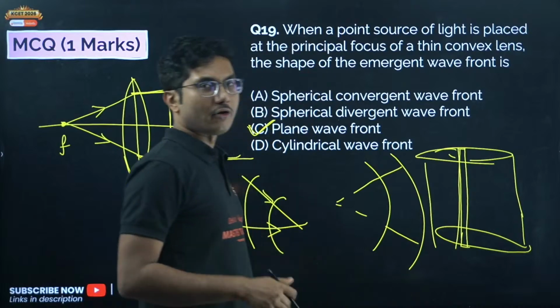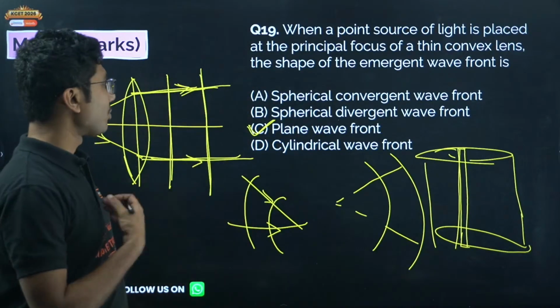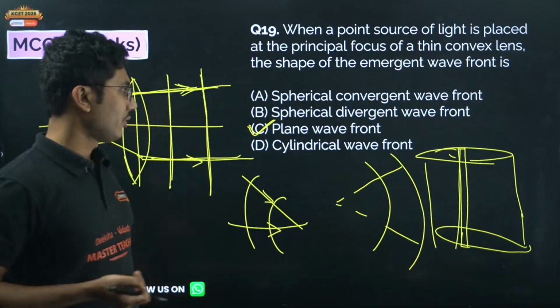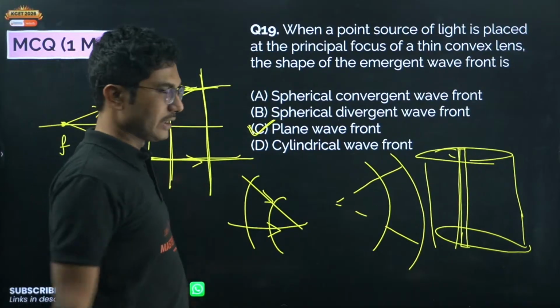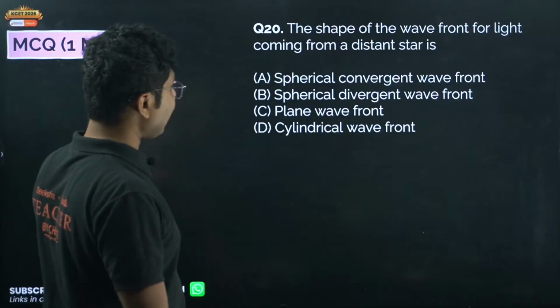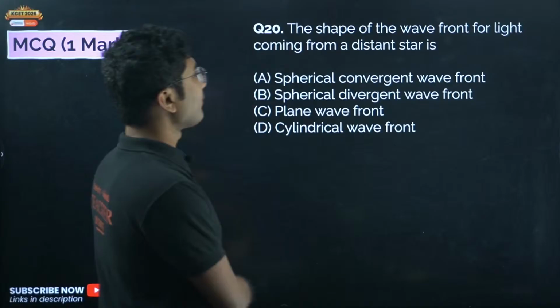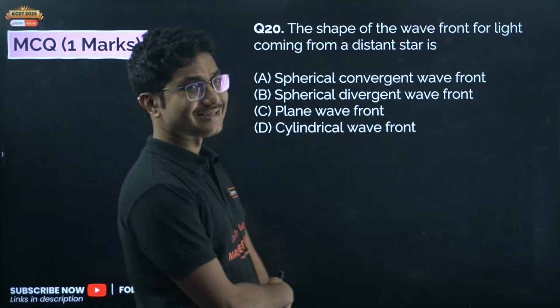Cylindrical is only for extended sources. For point sources, it will be either plane or spherical. Plane wavefront here.